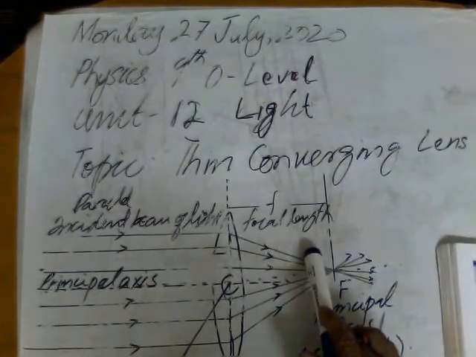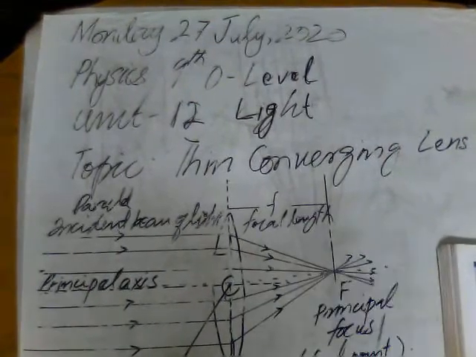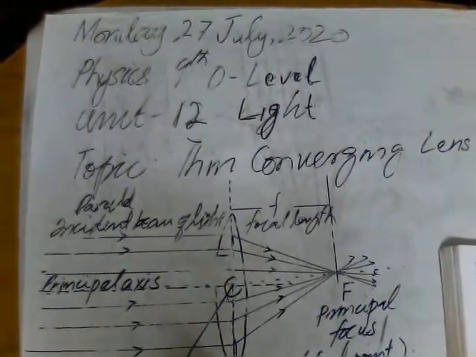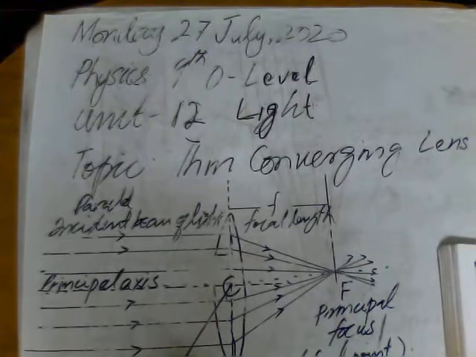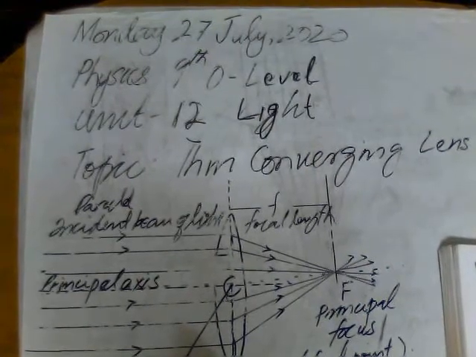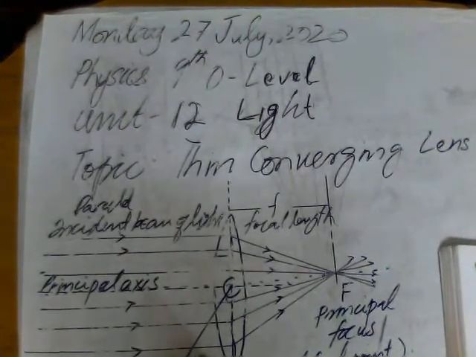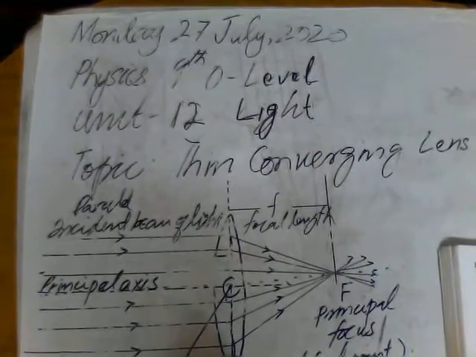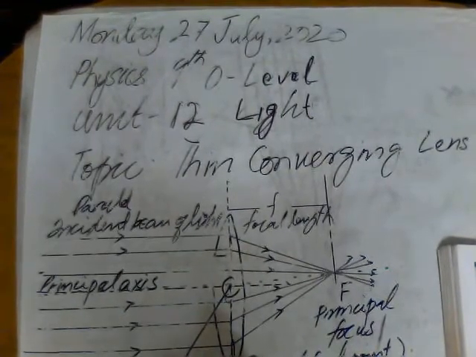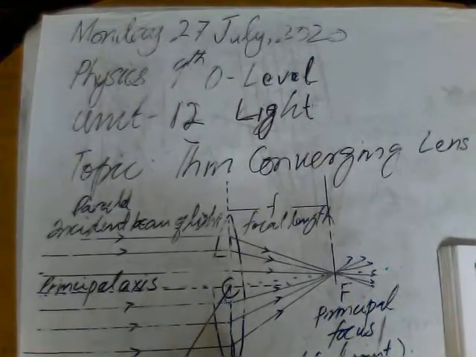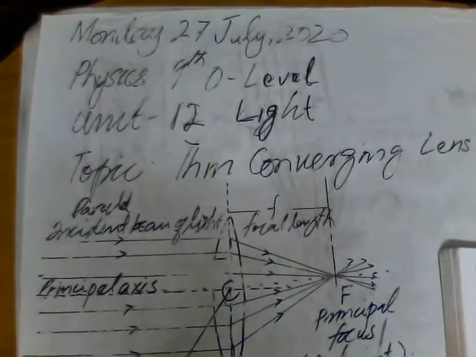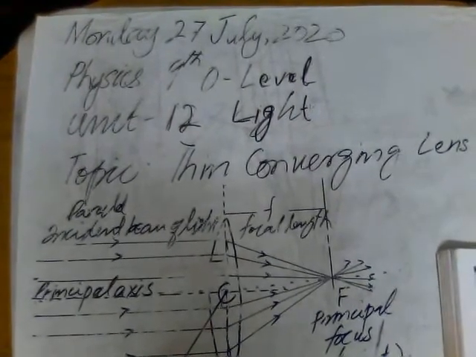Let me see what happens if the light rays are not parallel to the principal axis, and hit or pass through this converging lens at some other angle.